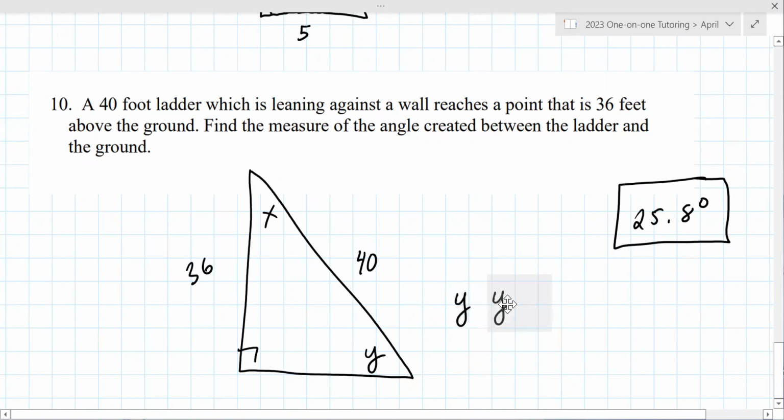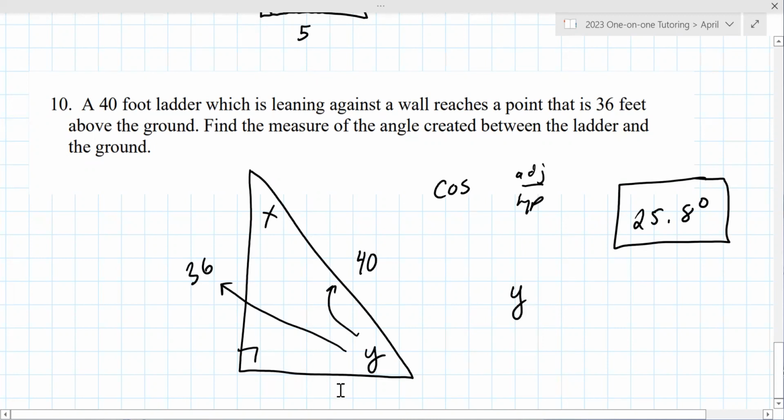I used cosine. So cosine of y would be the adjacent over the hypotenuse, 36 over 40. But cosine is adjacent over hypotenuse, and the adjacent is not given unless you calculate it. Oh, I keep forgetting which one's adjacent.